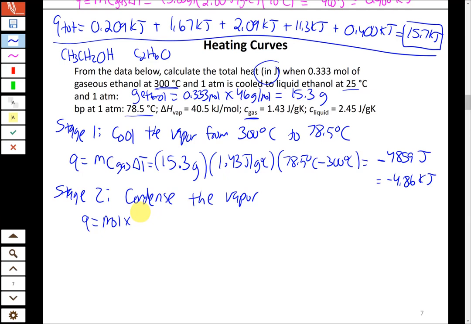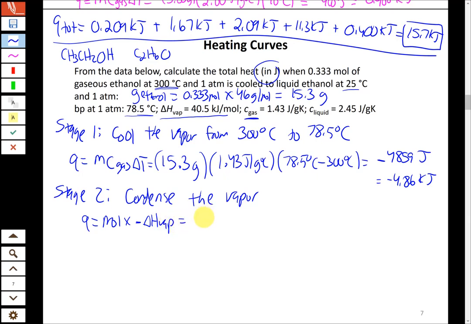Now the difference here though is that here we're giving you the enthalpy of vaporization, which is this number there, but here we're not vaporizing the substance, we're condensing it. So remember that when we're going in the opposite direction from liquid to gas, we have to change the sign of delta H. So it's going to be the moles of substance times the negative delta H of vaporization, because here we're condensing, not vaporizing.